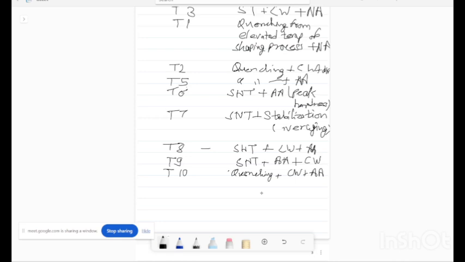So here we see that T2 is quenching plus cold working plus natural aging, T5 is quenching plus artificial aging, T8 is cold work plus artificial aging, but T10 is quenching plus cold work plus artificial aging.